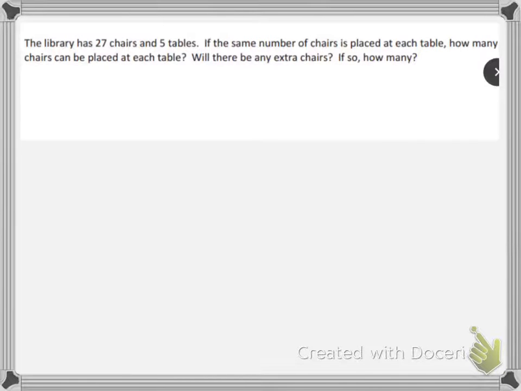All right, our last problem for this evening is on the library. It has 27 chairs and 5 tables. If the same number of chairs is placed at each table, how many chairs can be placed at each table? Will there be any extra chairs? If so, this is looking for the remainder.